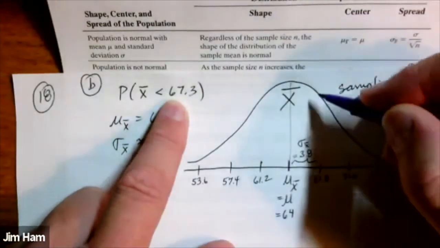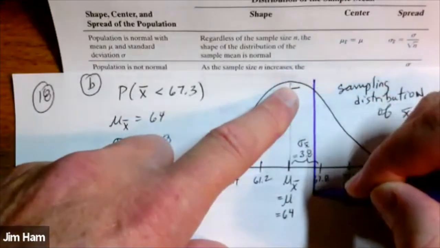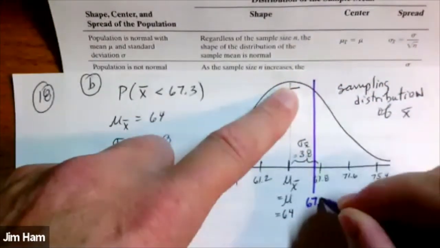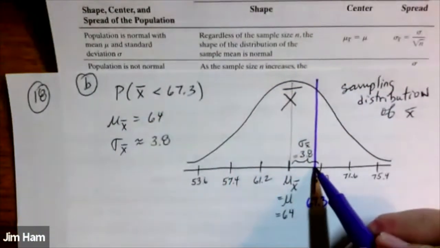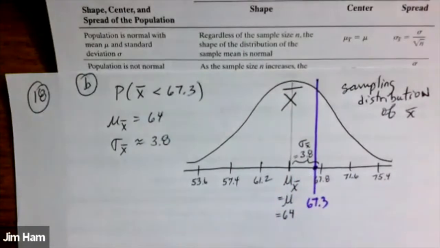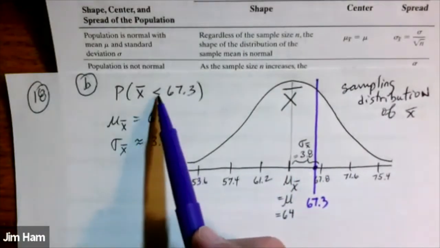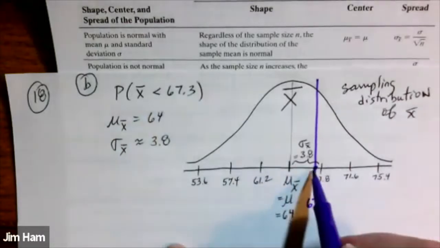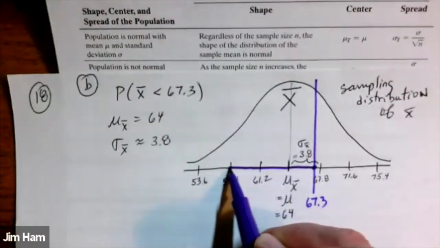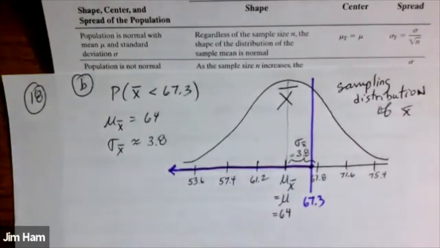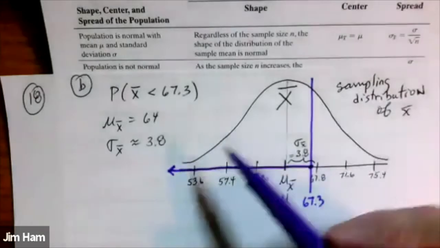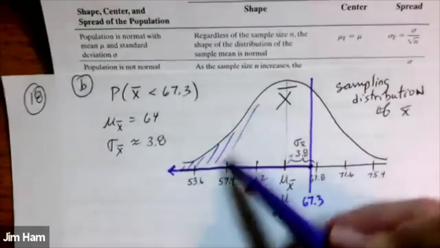So we're going to identify 67.3 on our horizontal scale. It's about right there, just less than 67.8. And that symbol means less than. So we're going to shade all of the region that corresponds to these X values. So here is the shaded region.